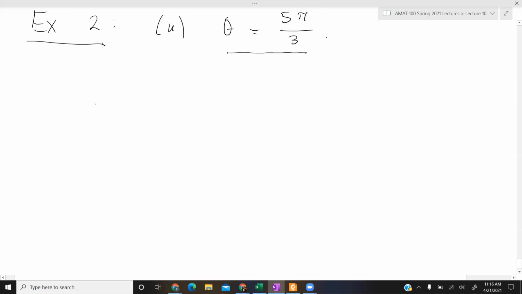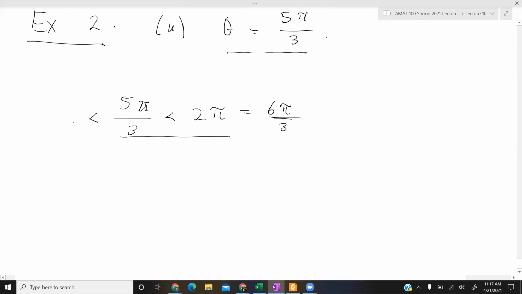First of all, 5 pi over 3 is less than 2 pi. That's pretty clear to see. 2 pi is also the same thing as 6 pi over 3, right? And if you make the denominator just a bit smaller, if you change 6 to 5, you'll get a smaller number. That's why this number is less than that.